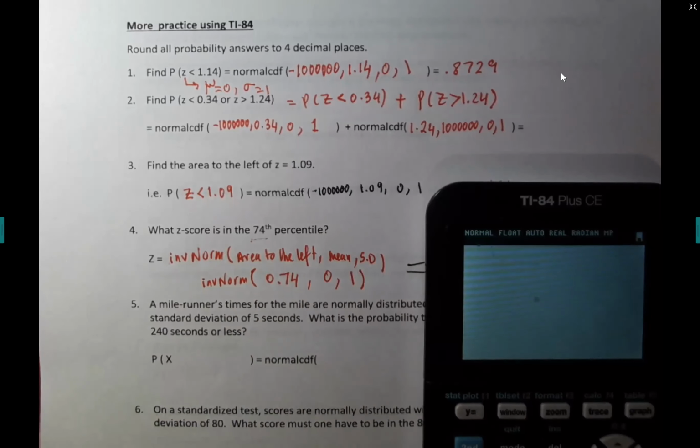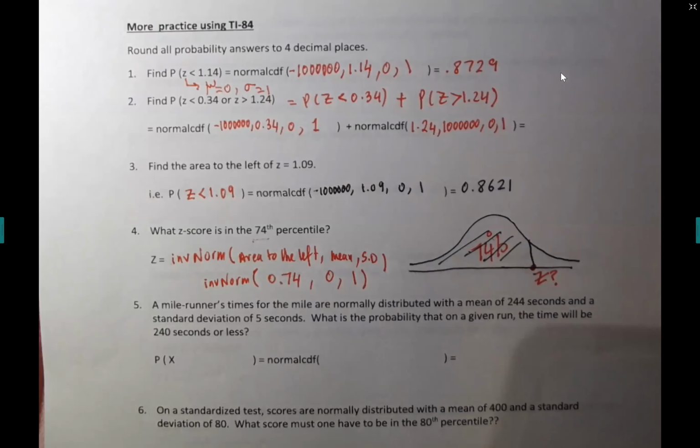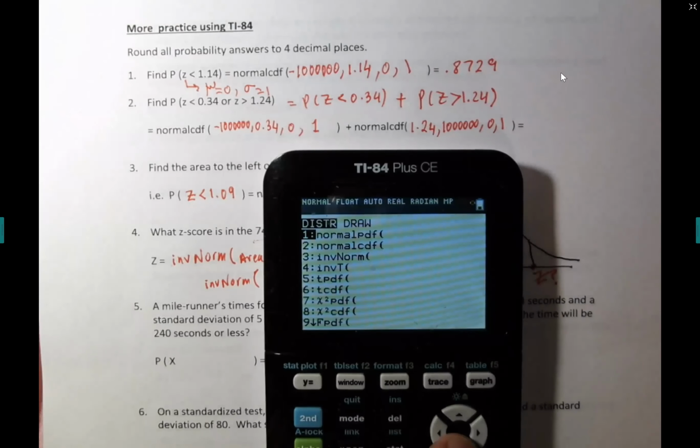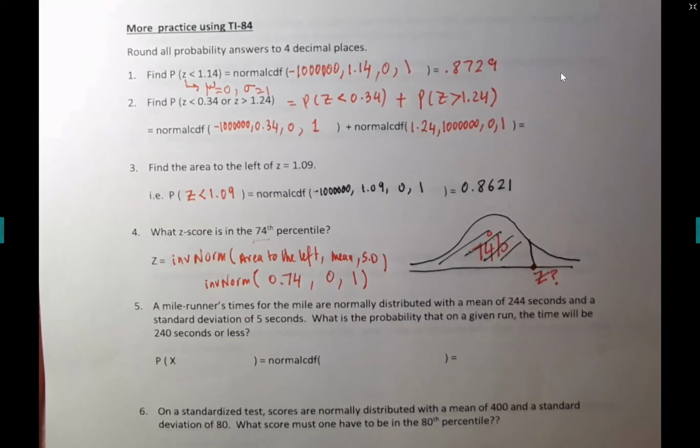Second, distribute, inverse norm, area 0.74. The answer is 0.64.